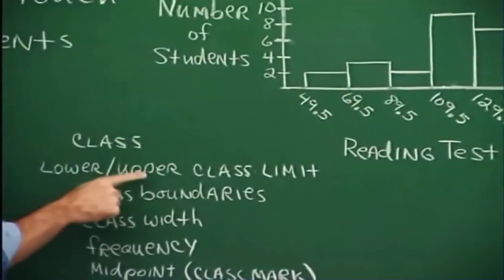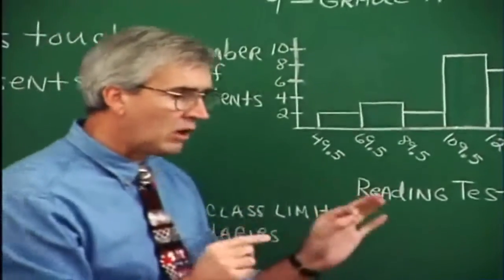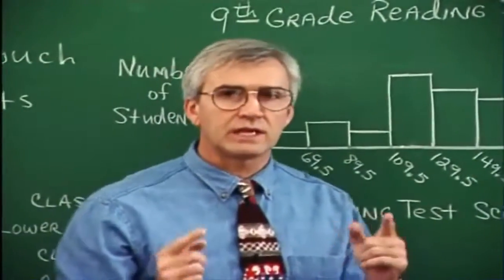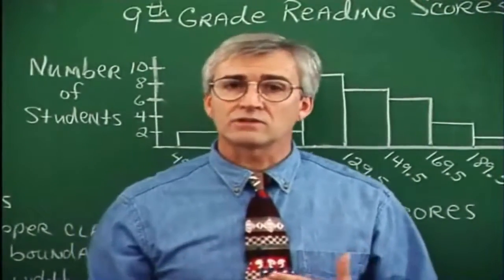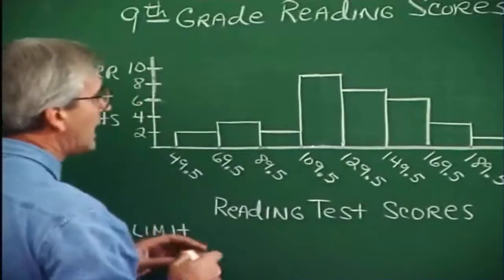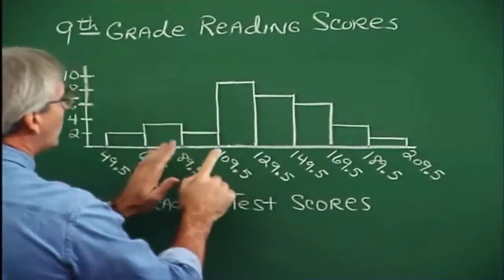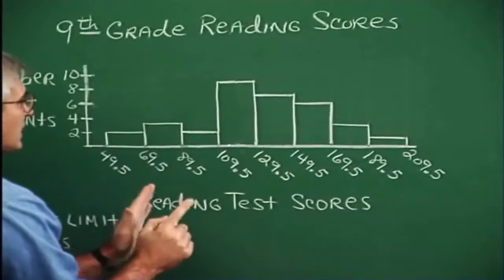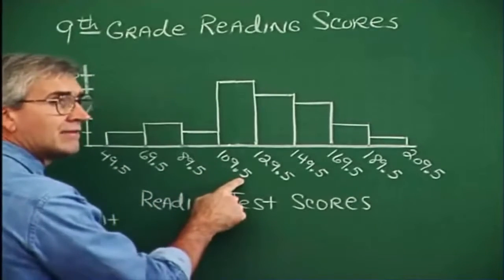Now, lower and upper class limits refer to the smallest and the largest test score that can fall within a particular class. For example, if we're talking about this class, what's the lower limit and the upper limit? Now notice that the boundary is 109.5.